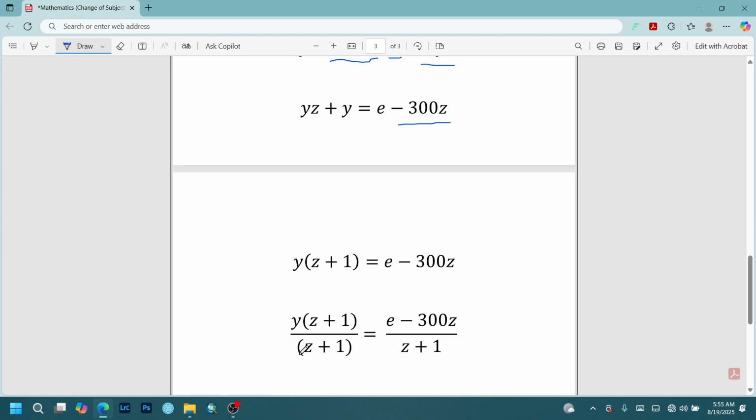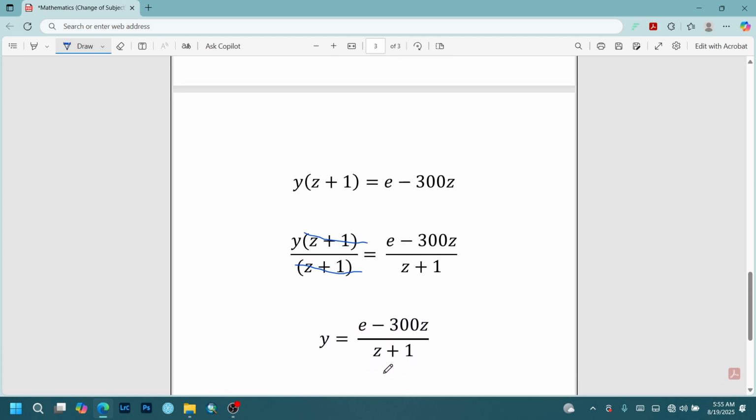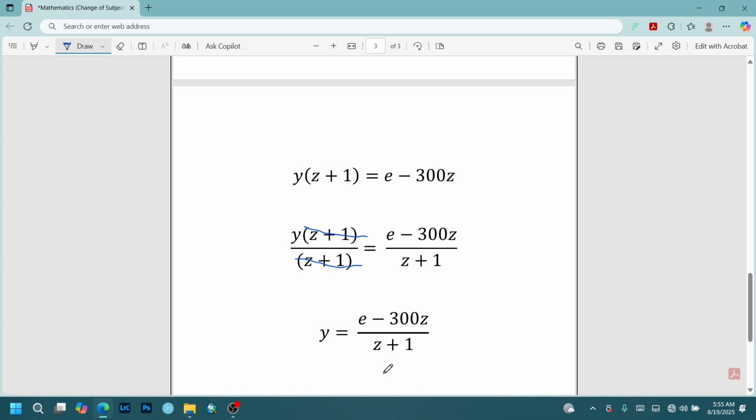So z plus 1 would cancel out on the left. Z plus 1 will also cancel out here. So we are going to have y to be the fraction (e minus 300z) over (z plus 1) as our final answer.